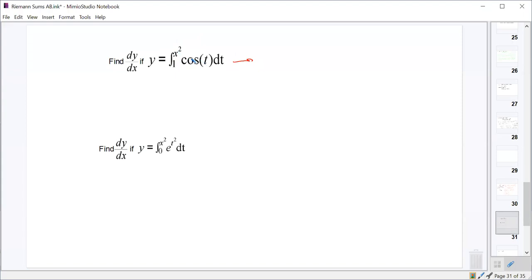Since we know what the actual antiderivative function of cosine is, and it's sine, let's write this out. We're looking for the derivative with respect to x of the integral of cosine, which is sine, and we need to evaluate that at our upper limit, which is x squared, and then subtract sine evaluated at 1, which we know is a constant and will disappear.